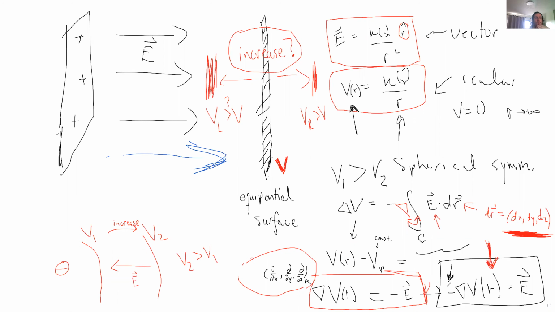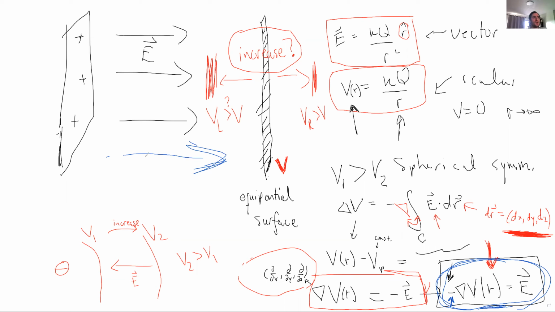And we look at our formula here, this one down here in the bottom right corner that I'm circling in blue, and we see that the voltage change, the derivatives there of the voltage, the gradient of the voltage, has a minus sign in front of it.